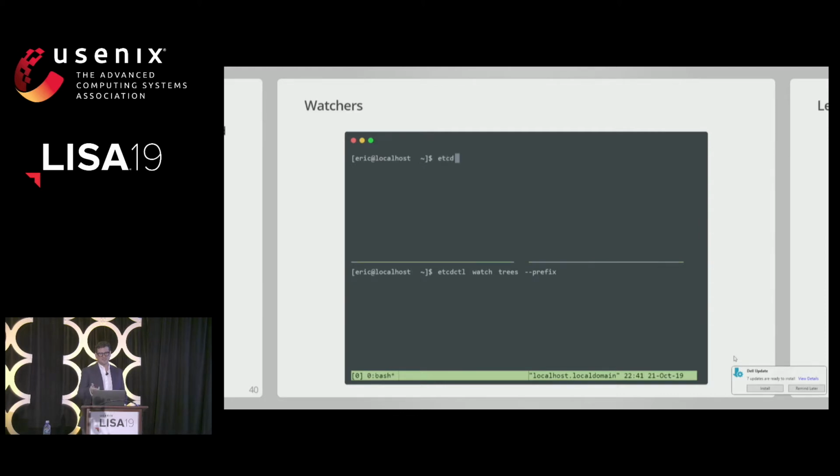From this other process, I've got this watcher set up, and I start putting trees into the trees prefix, and the watcher gets notified every time that happens. That's possibly the most useful feature that etcd gives you, other than just being able to store things in it.